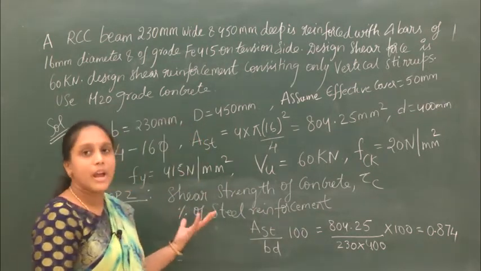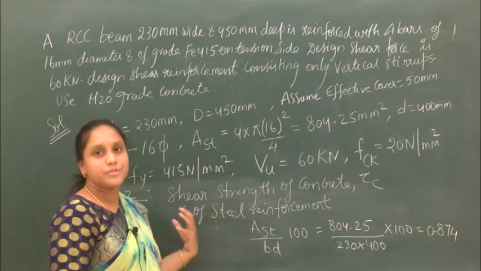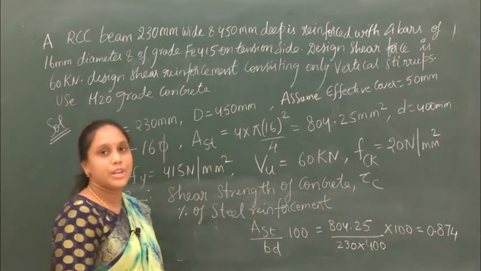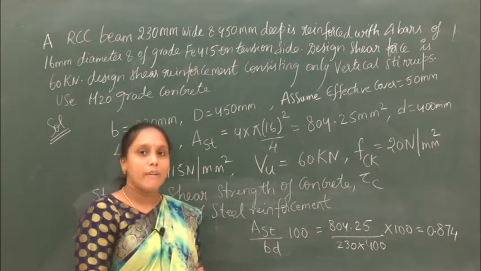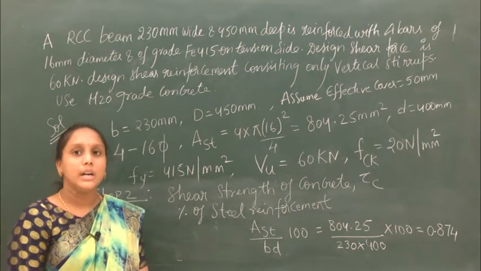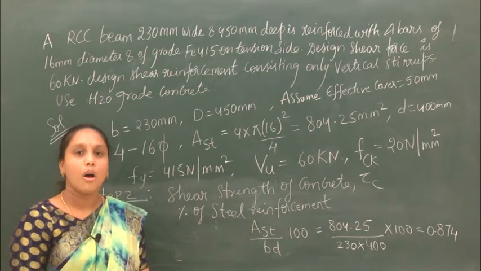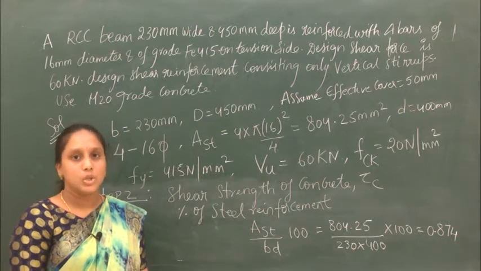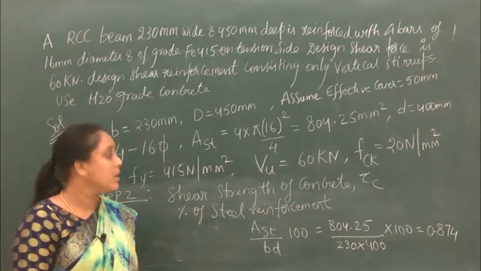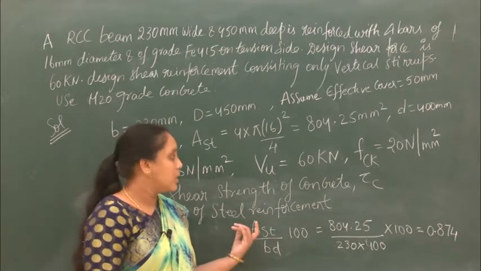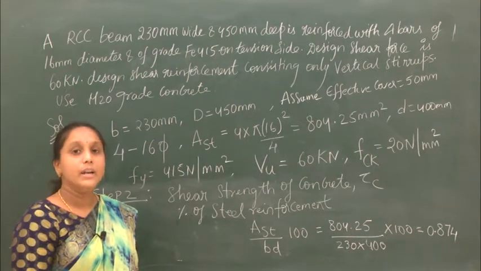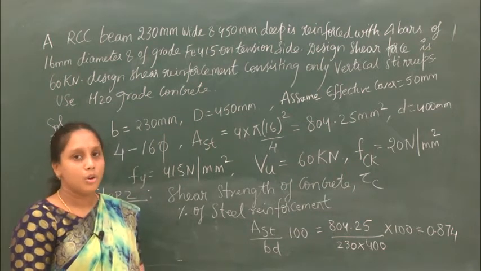So now what do we have to do? From the percentage of steel reinforcement, we have to calculate the shear strength of the concrete. So how will we calculate that? That can be calculated by using table 19 of IS 456-2000. In table 19 of IS 456-2000, we have values for percentages of steel and for different grades of concrete.